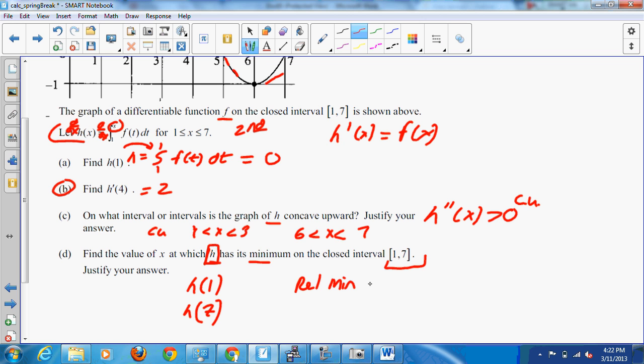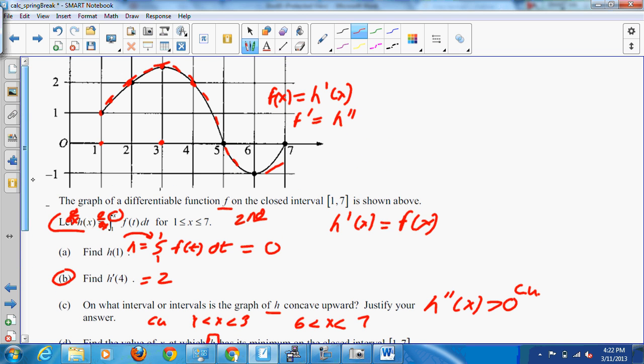So for relative minimum, we have to take the first derivative of h. Well, the first derivative of h, where does it equal 0? Well, it equals 0 here, and at the endpoint.